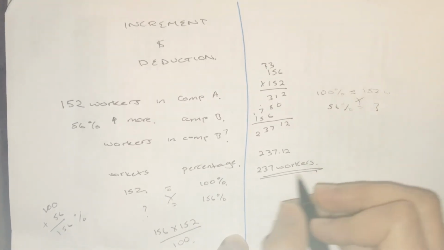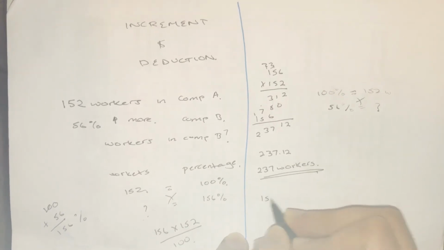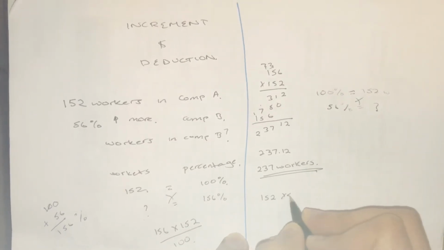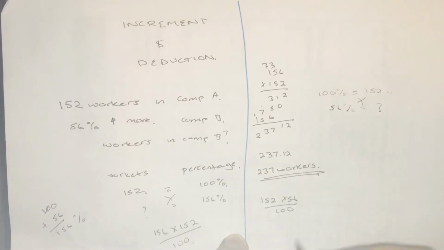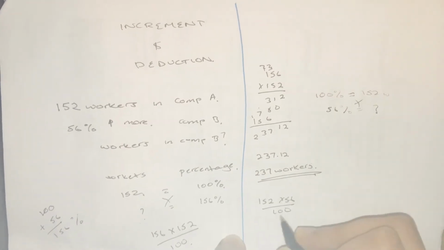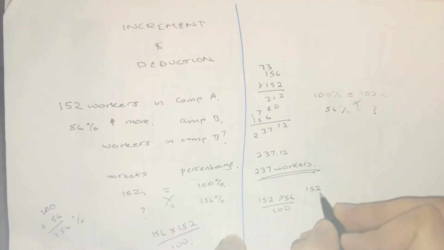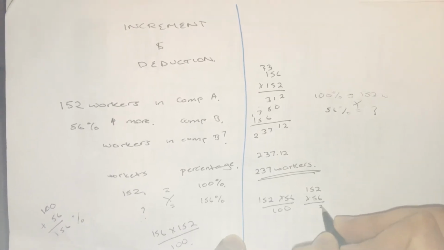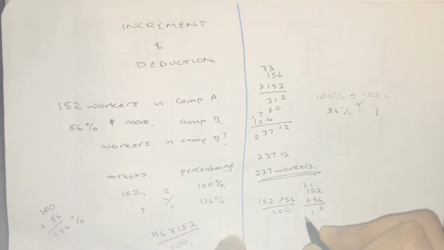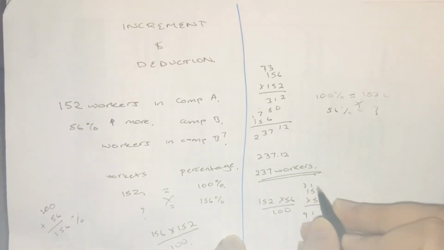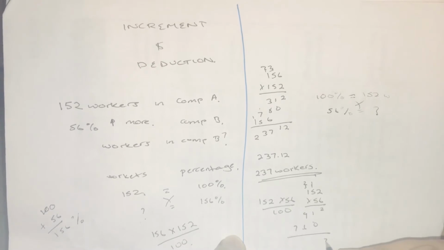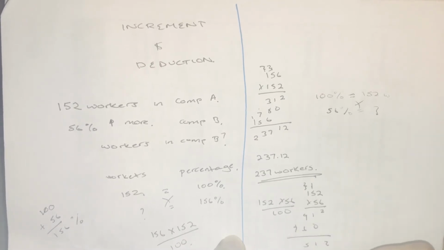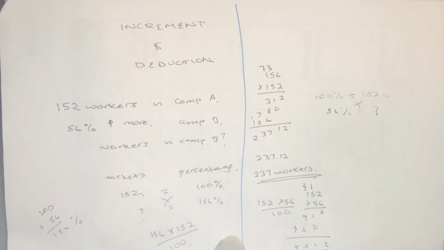Cross multiply, so it's kind of the same thing. 152 times 56 over 100, you get 85.12.